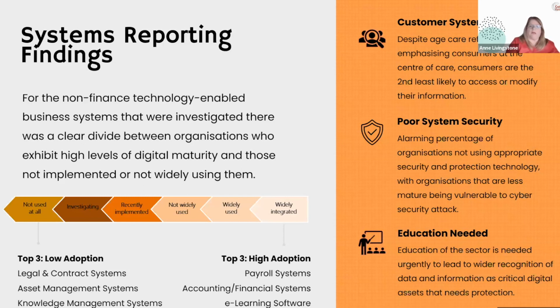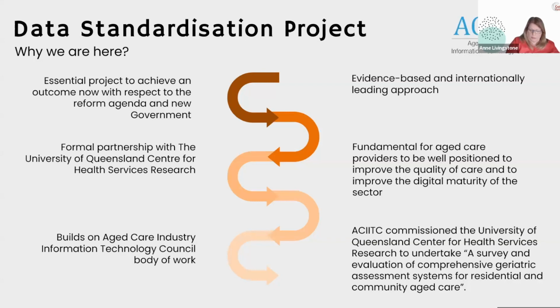We also found overall very poor system security, and that there was little thought and ability for older people themselves and their families to actually interact at a meaningful level with the systems that were in place at provider level. Thanks, Georgie.